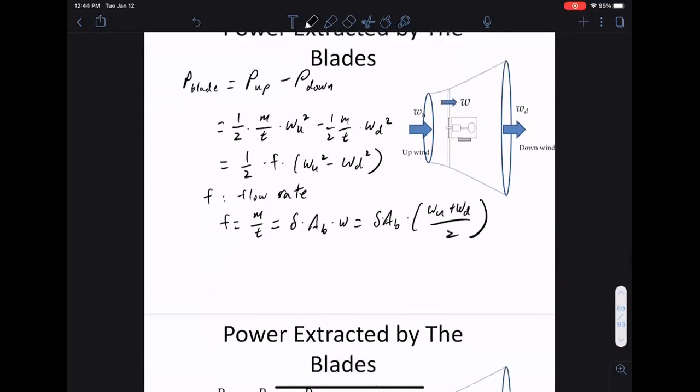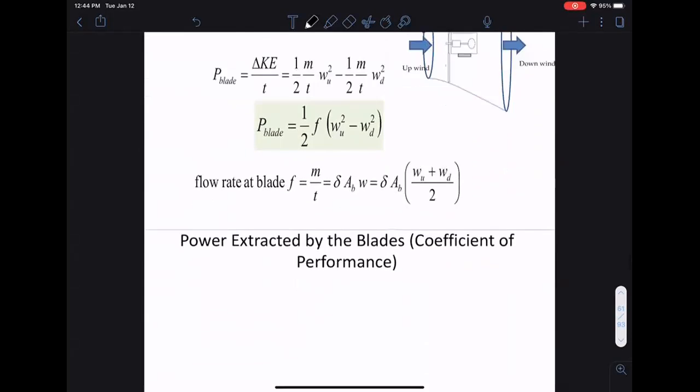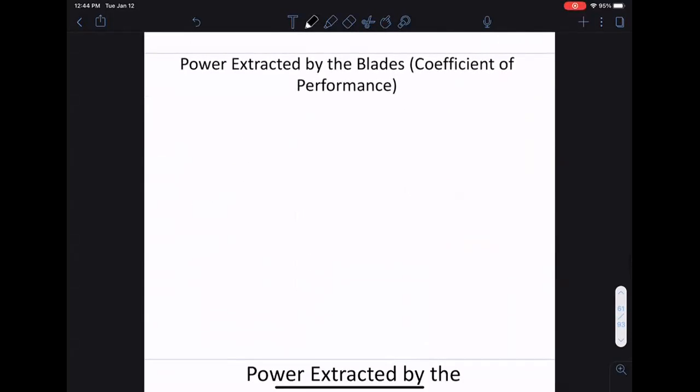All right, so this is the typed out version of the equations. Let's look at the power extracted. How much power do we get?